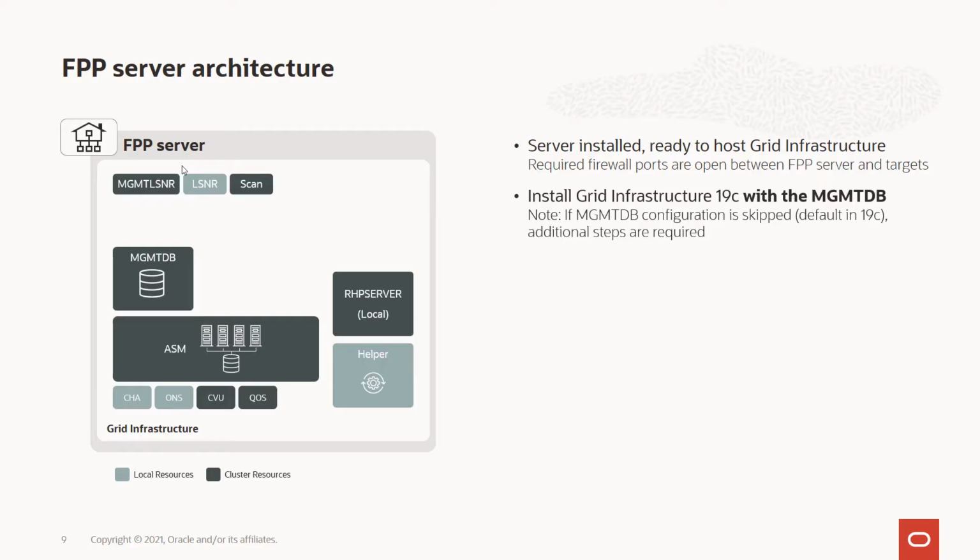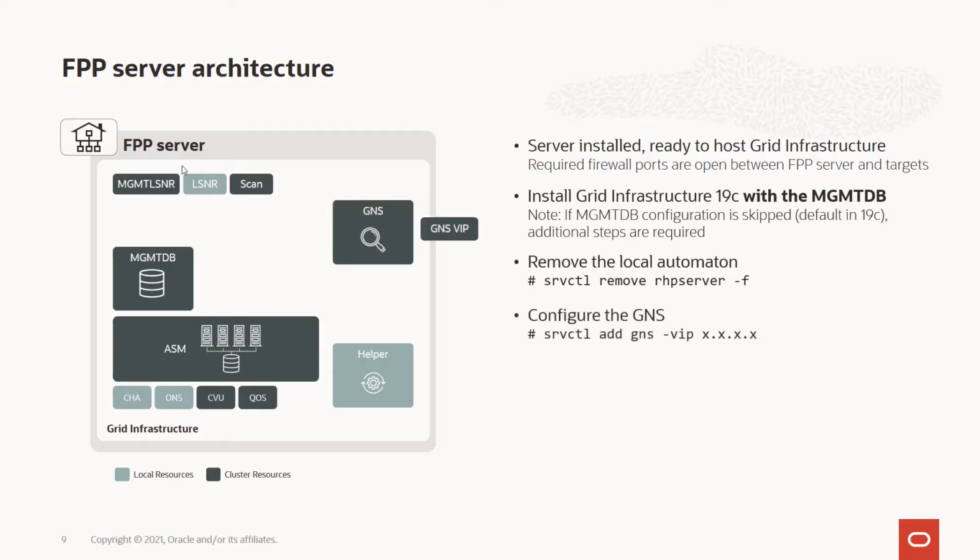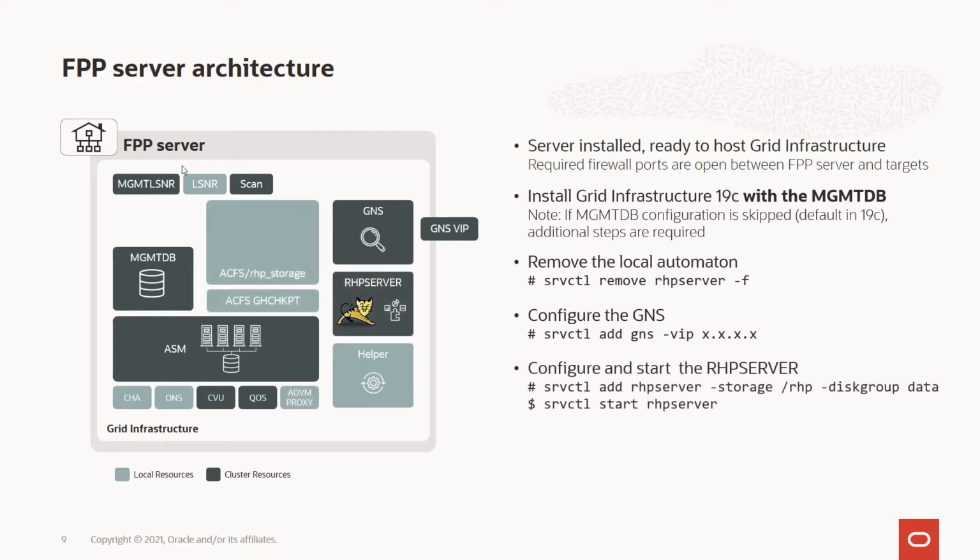So we don't need it if you want to have a centralized FPP architecture, so we can get rid of the local mode FPP server. And then we need to have the GNS that is used by the clients to resolve properly the FPP server IP address. And then we can configure and start the RHP server.